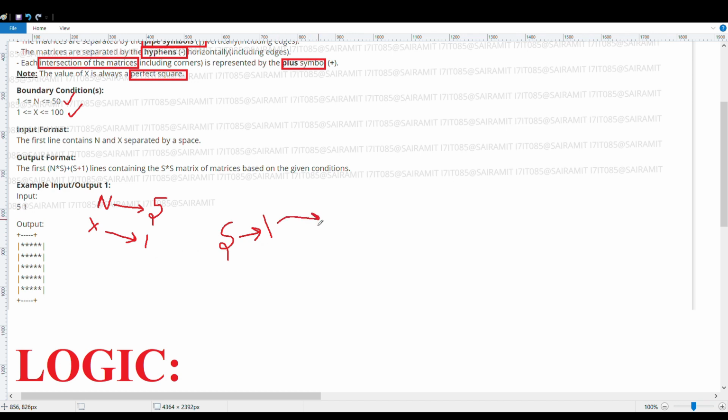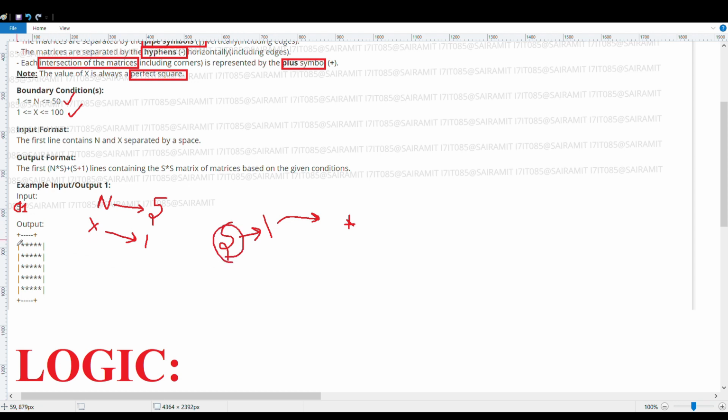So if it's 1, it will be a star. You are printing 5 stars, why 5? Because n is 5, so a 5 cross 5 matrix, and how many times are you printing the matrix? Only once, because s is 1.